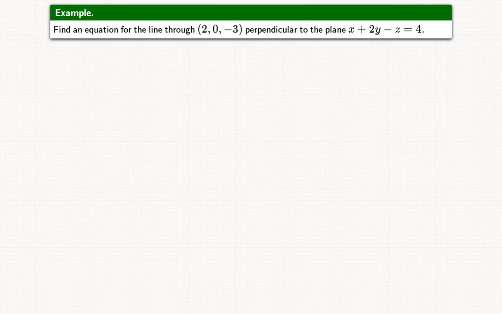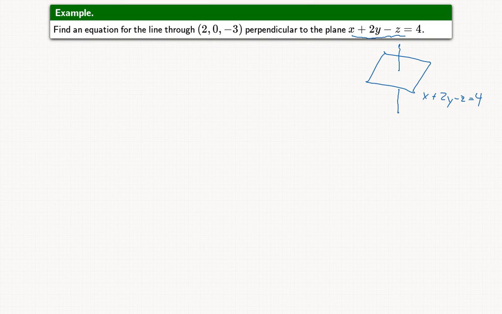Next, what about finding a line given a point on the line and a plane to which the line is perpendicular? So this is the plane x plus 2y minus z equals 4. We're looking for a line that is orthogonal to this plane. Being orthogonal to this plane will mean that it is a multiple of any normal vector for this plane.